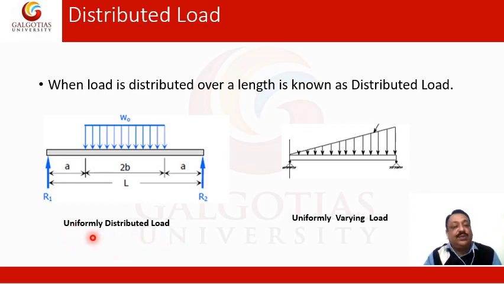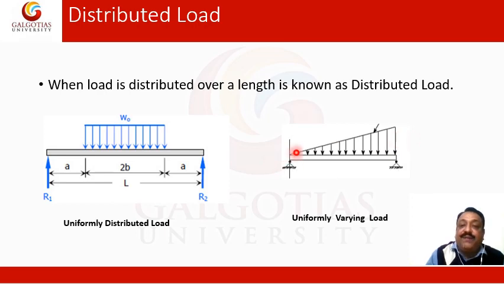Uniform refers to the magnitude, distribution relates to the length over which it is acting, and load, it is acting perpendicular to the longitudinal axis. Then the second one, the figure on the right-hand side: you see the vectors on one extreme have zero magnitude, and on the right-hand side they have a maximum magnitude.